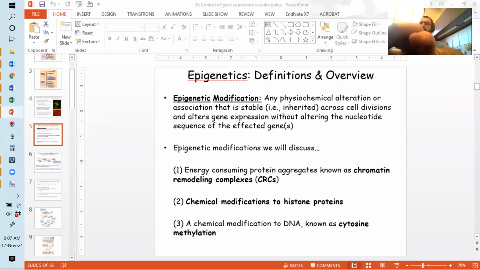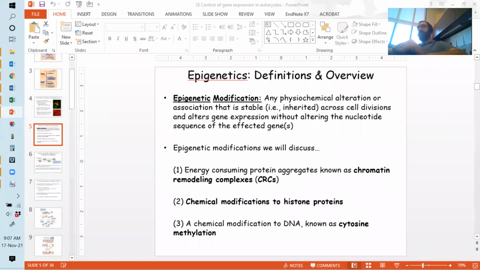I'm going to write that down. Even though you've got a definition up there, this is a slightly different one saying kind of the same thing, a different way. So it's modification of DNA that doesn't change the sequence.